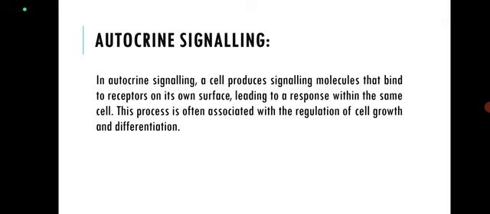If you see, autocrine signaling is where a cell produces signaling molecules that bind to the receptor on its own surface, leading to a response within the same cell. So the signaling molecule will be produced by the cell and utilized by the same cell. That is an example of the autocrine signaling mechanism. This process is often associated with the regulation of cell growth and differentiation.